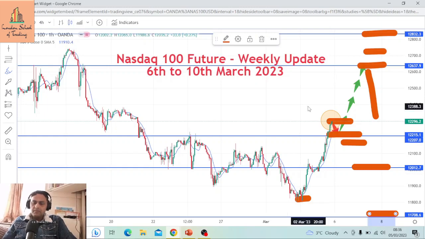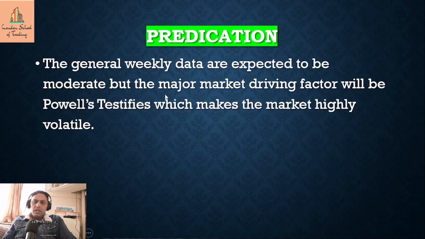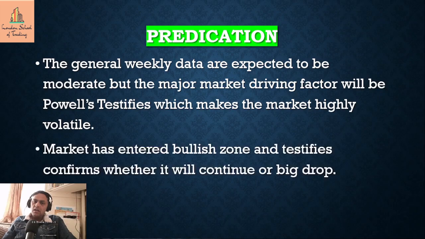So now let's quickly check the prediction or the summary of this video. The general weekly data are expected to be moderate, as I already told you, but the major market driving factor will be Powell's testimony, which makes the market highly volatile. That's the reason I recommend everybody to use trade sides.